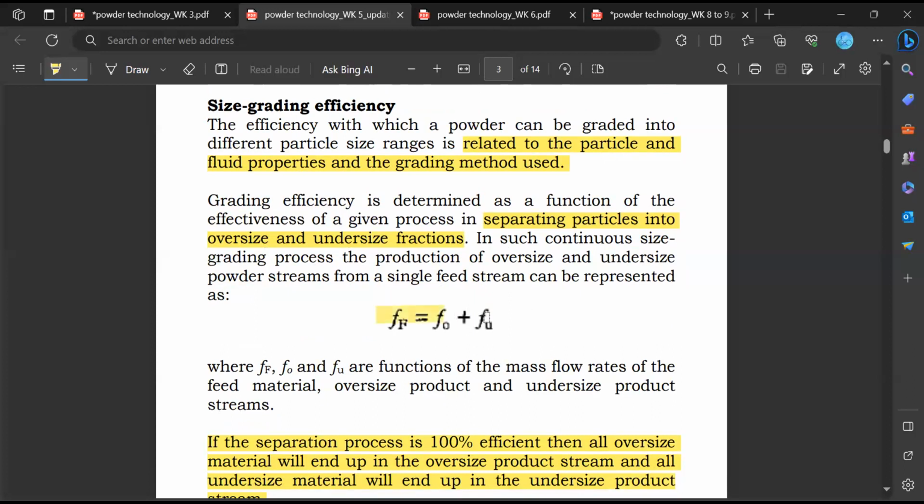So when you need to calculate the functions of the mass flow rates of the feed material, you have to add the oversized product and the undersized product, because even when you're reducing particles, it's not that you're going to get the same size of particles. You'll get oversized and undersized, or in the middle.